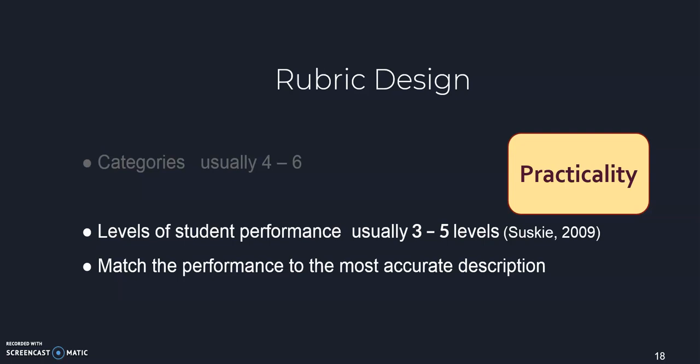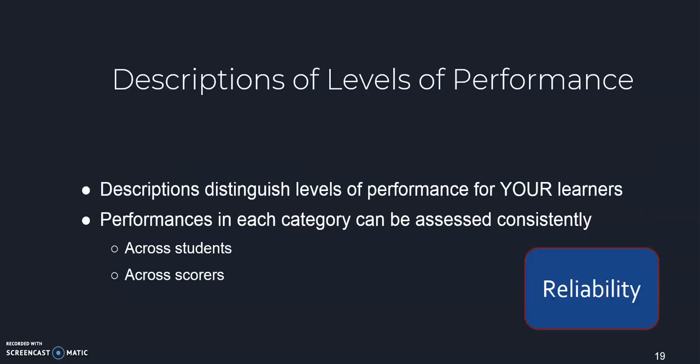And if we have between 3 and 5, it's a little bit easier to match the performance that we see from the student's paper or speech to the most accurate description in the rubric. This is a matter of practicality again.